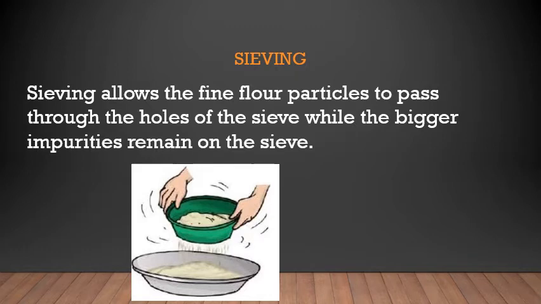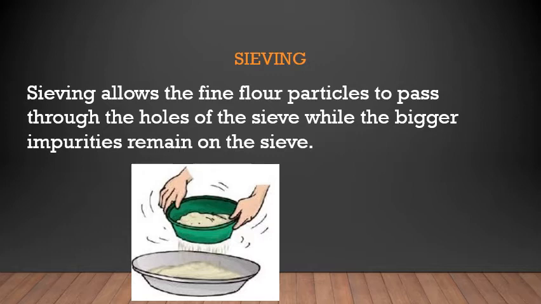As you can see in the picture, we use sieving in our daily life also, right? To separate the impurities from the flour, wheat flour or rice flour or jowar flour or ragi flour, all these things we sieve to remove the impurities.